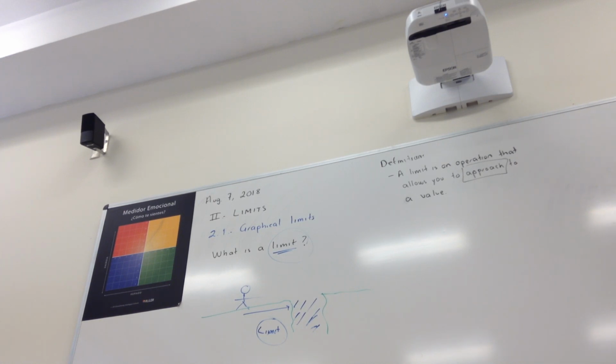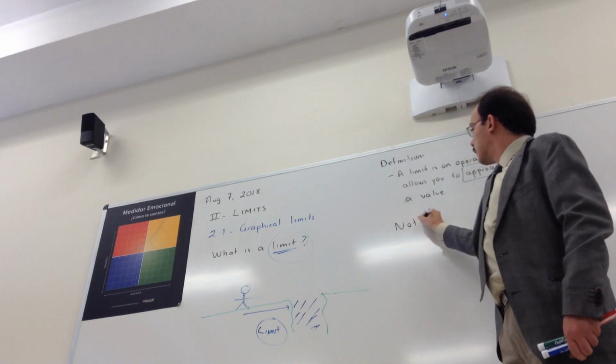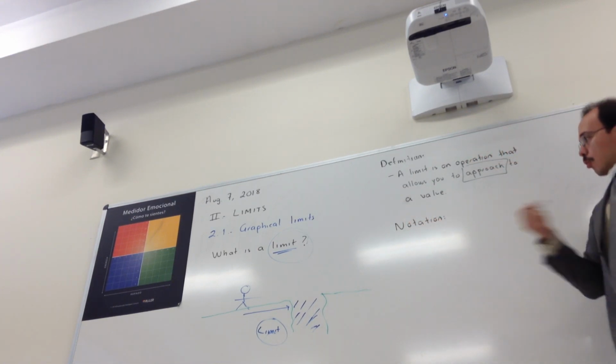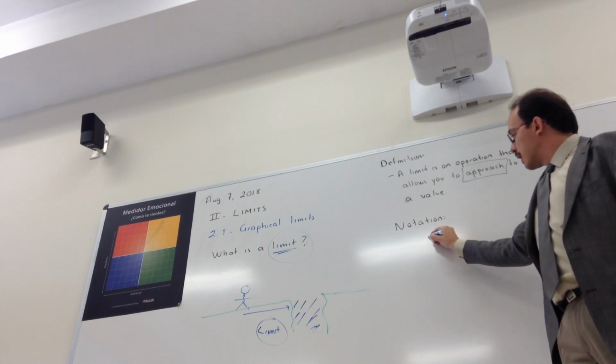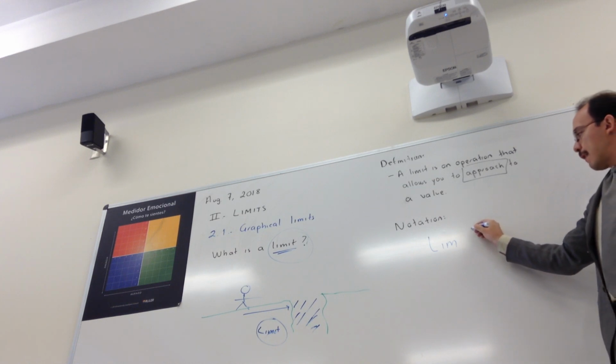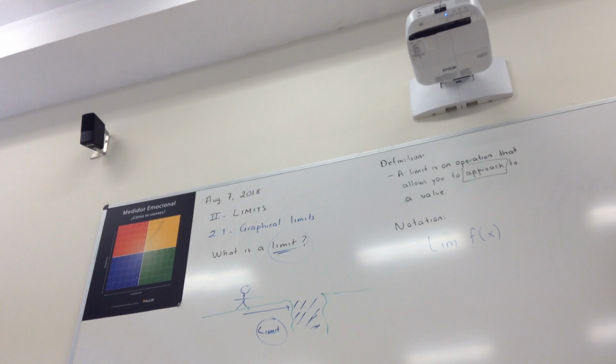And the notation for this is like this. We want to write the word limit as in limit. The function that you have, f of x, it could be any function, x squared, x to the cube, a trigonometric, an exponential, whatever function it is.